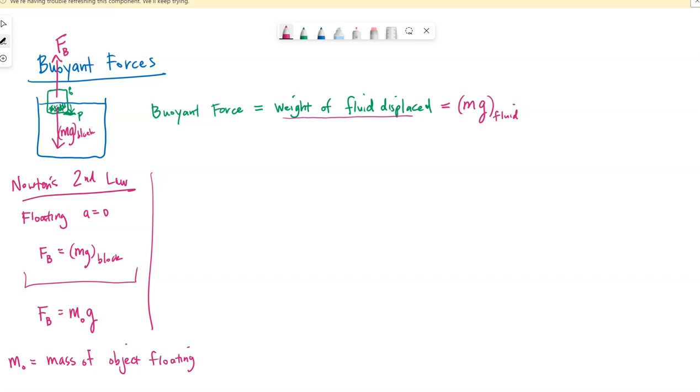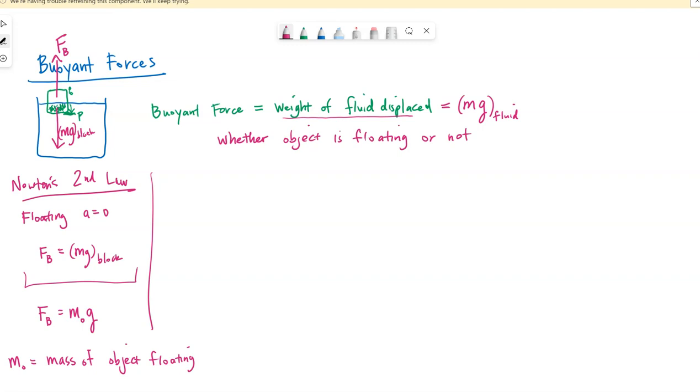All right, now coming back to Archimedes' principle, the buoyant force on any object is true whether the object is floating or not. Any object that is now currently where fluid was will experience a buoyant force.